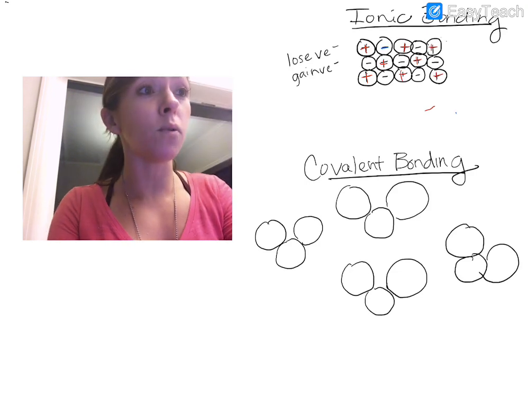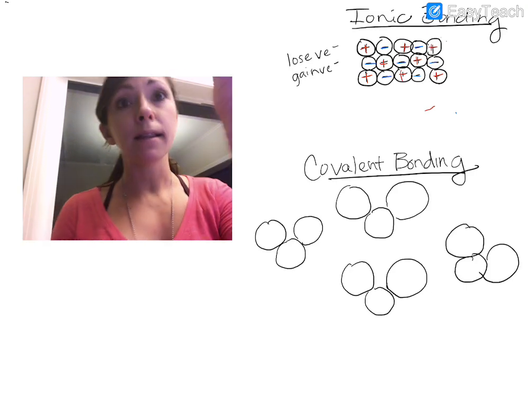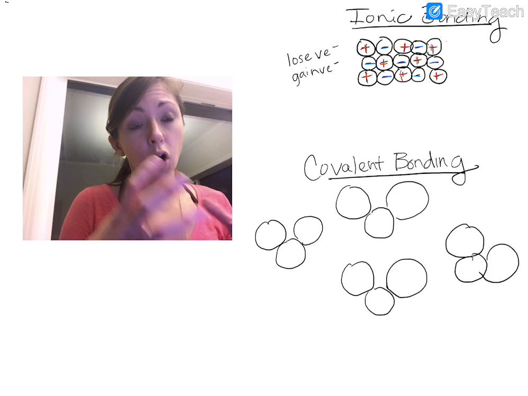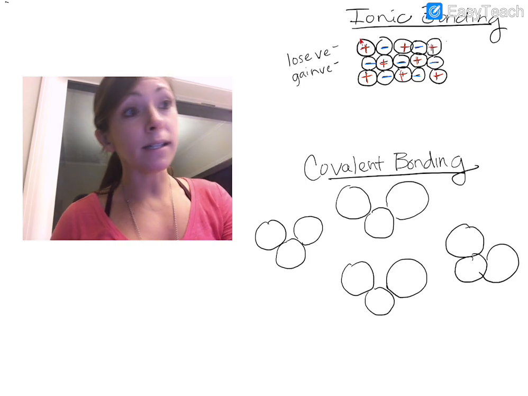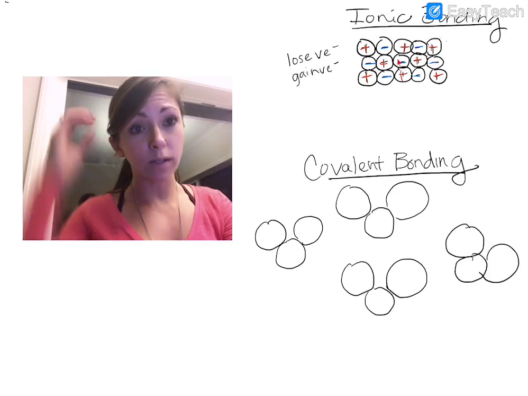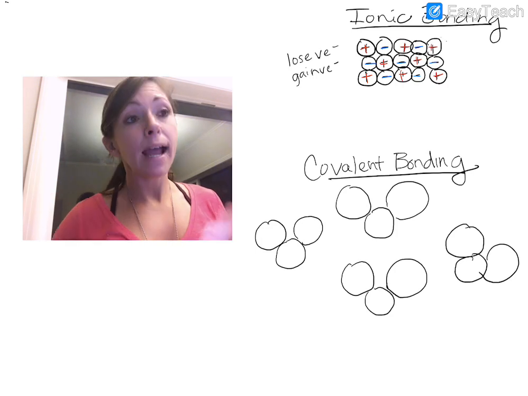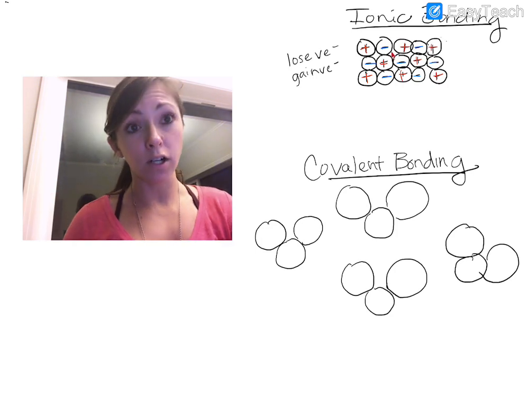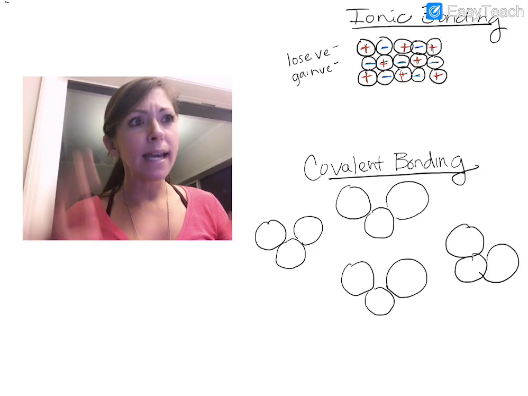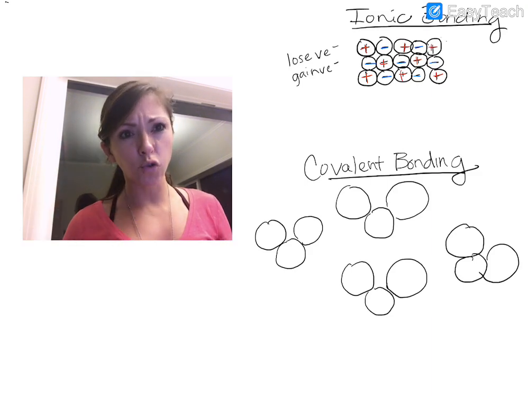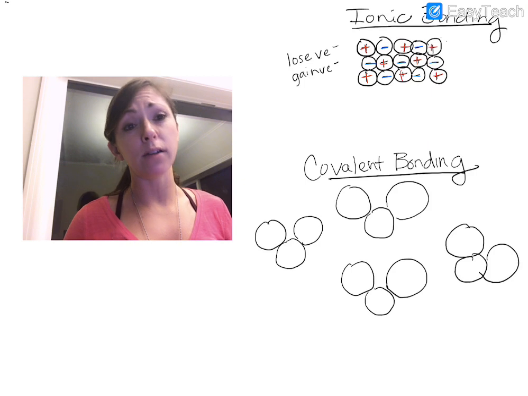So today we are going to really talk about how these negative and positive charges develop. Ions are these positively and negatively charged particles, these atoms, that are charged because they have lost or gained electrons. And because they are oppositely charged, remember opposites attract, it creates this really strong electrostatic bond known as ionic bonding.